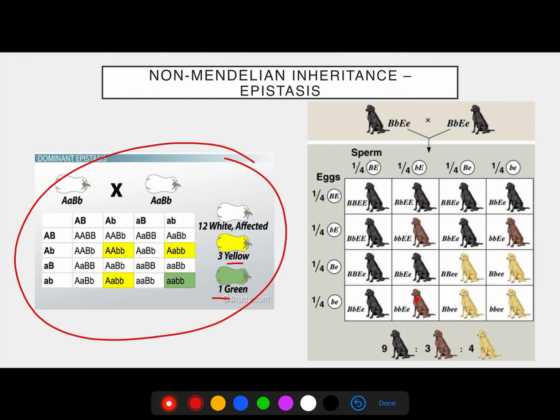Even in coat color, say for labs, the yellow, chocolate, and black labs, that would be an epistatic situation. So again, you guys are not going to have to do crosses of them. You just need to understand the process of epistasis, meaning one gene influences the outcome of another.